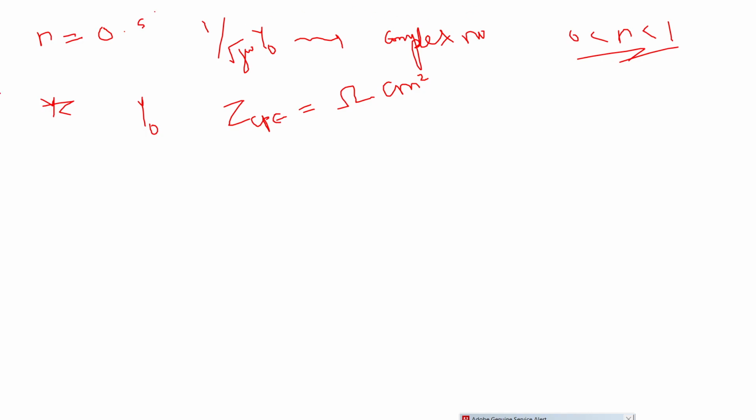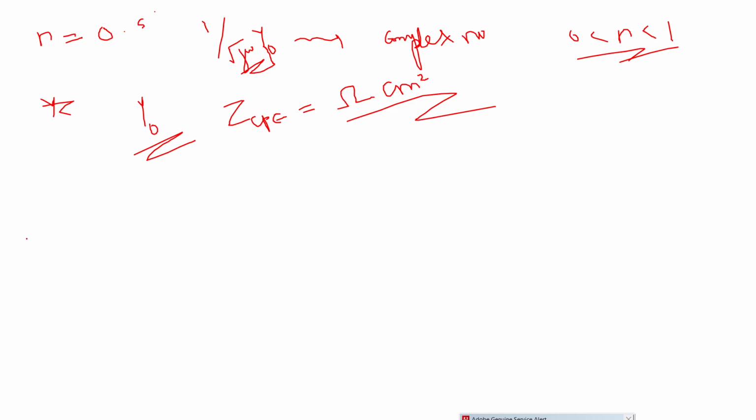So finally, here also the constant phase element should have a unit of ohm centimeter square, and you know that the n value will keep on changing, so the j omega unit will keep changing. Similarly, the Y naught value will be such that finally the unit of ZCPE will be ohm centimeter square.